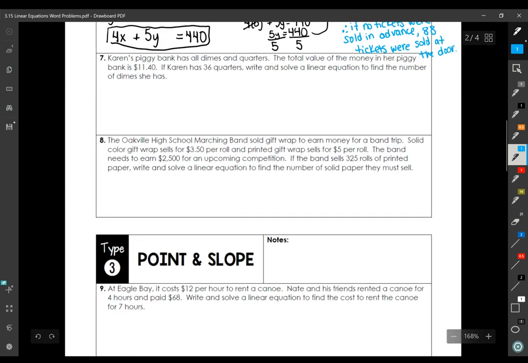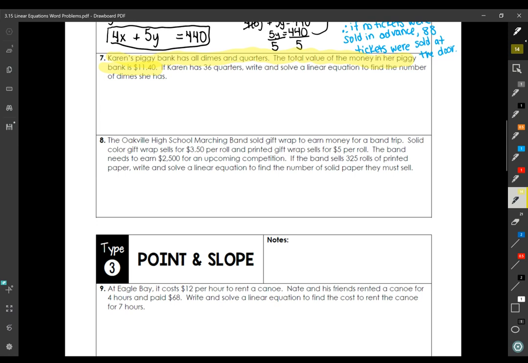All right, question 7. Karen's piggy bank has all dimes and all quarters. The total value of the money in her piggy bank is $11.40. Okay, so let's use that information to come up with our equation, and then we'll deal with the second part.